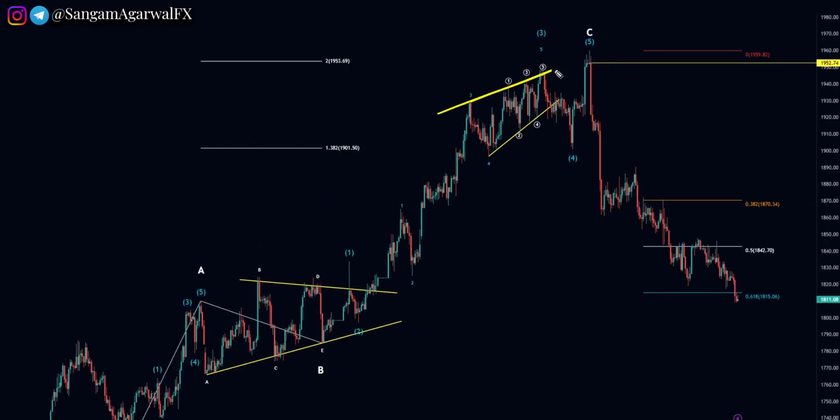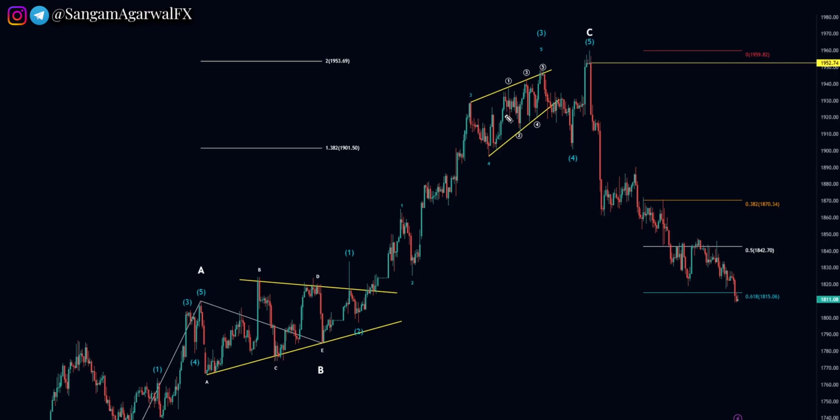So everything about how to trade with the ending diagonal chart pattern I have already explained in detail. But the mistake everyone makes as a beginner is that you take this first high and call it wave 1, then 2, 3, 4 and 5, and you say that the diagonal pattern has ended and you start selling.